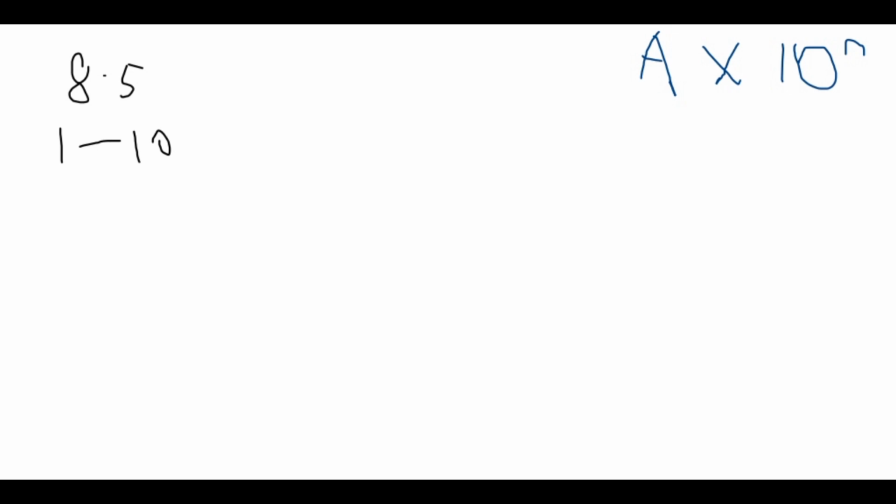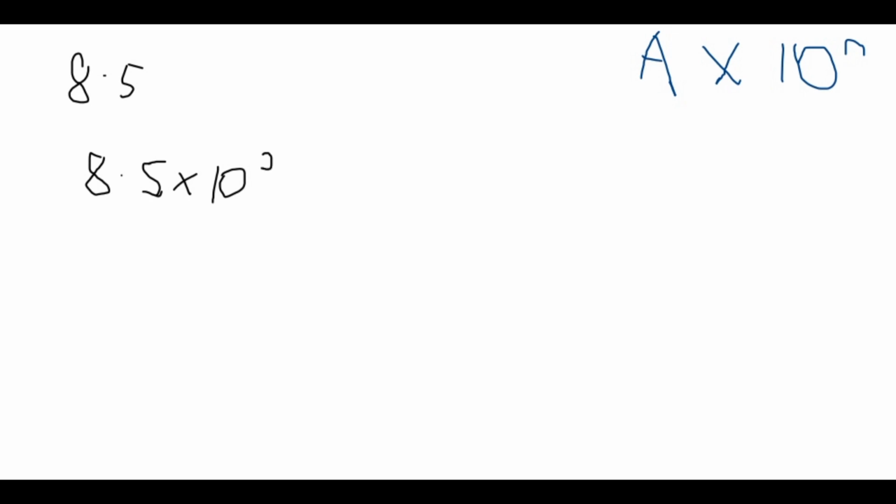So what we'll do is just to write down 8.5 times 10. Now this didn't move any step forward or backward, so it will be 8.5 times 10 to the power of 0.